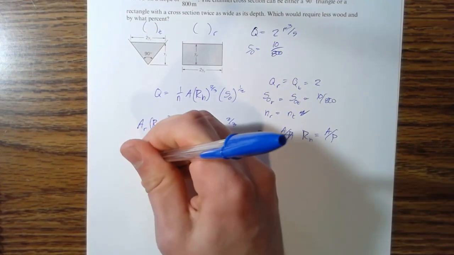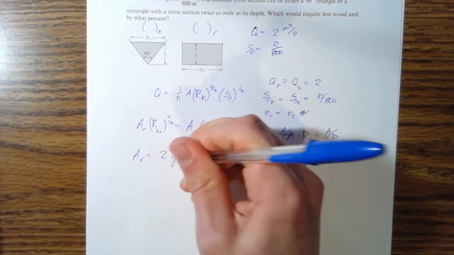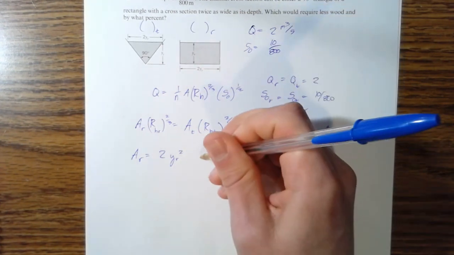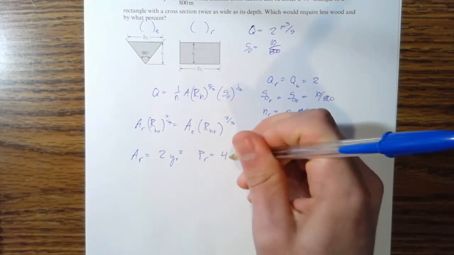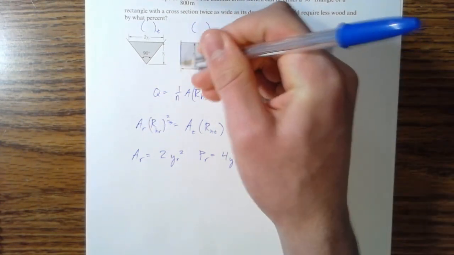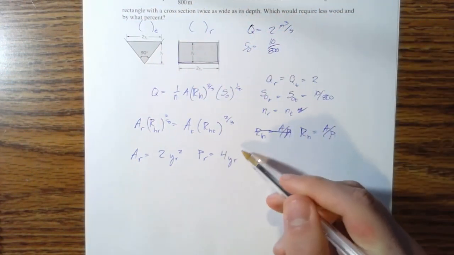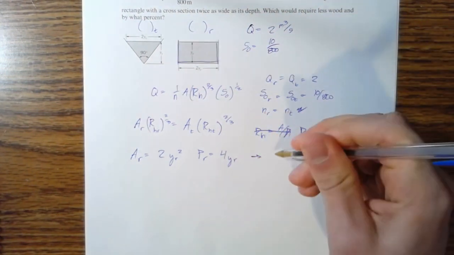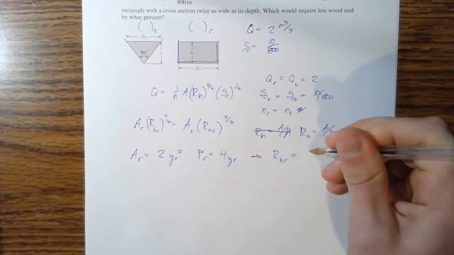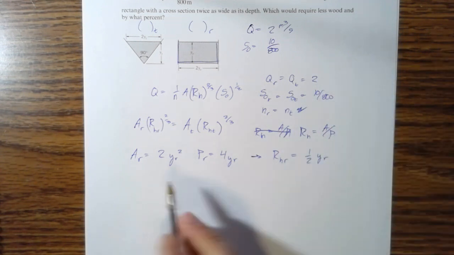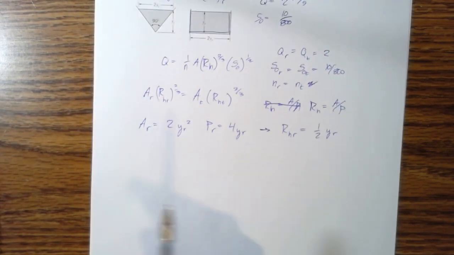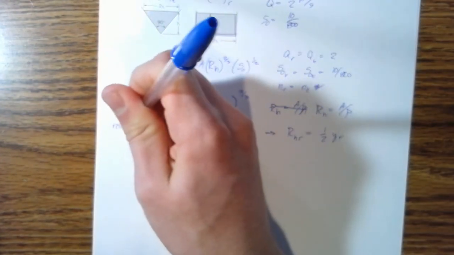For our rectangle, the area is 2 times y sub r squared, and the wetted perimeter is 4 y sub r, just this plus this plus this. That means R sub h r is 2 y sub r squared over 4 y sub r, which is 1/2 y sub r.